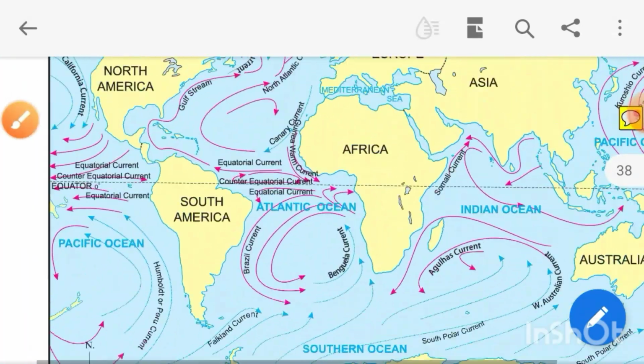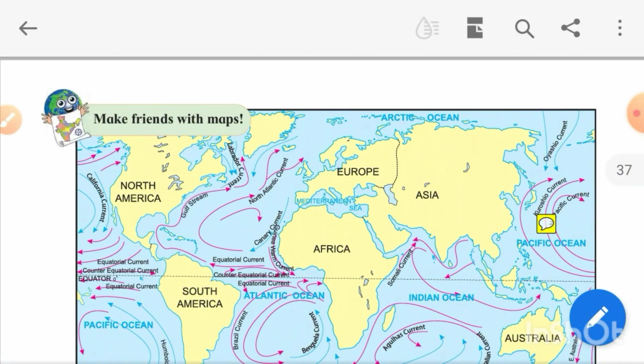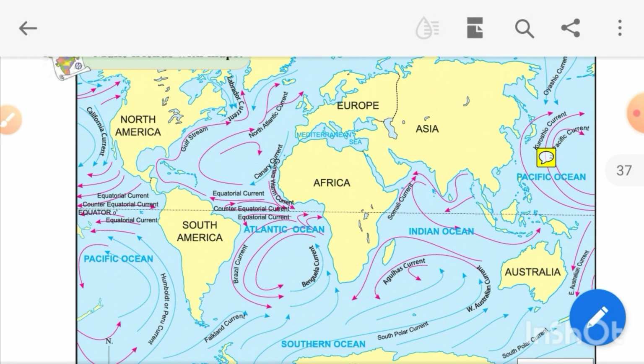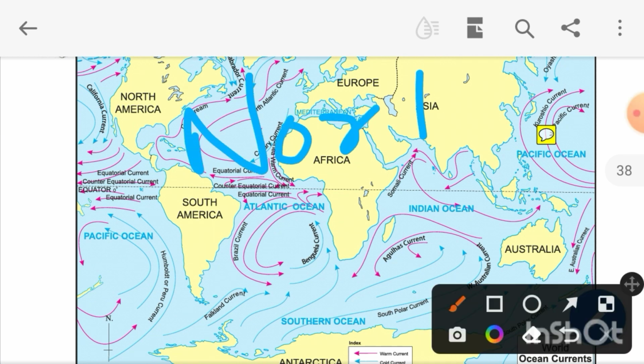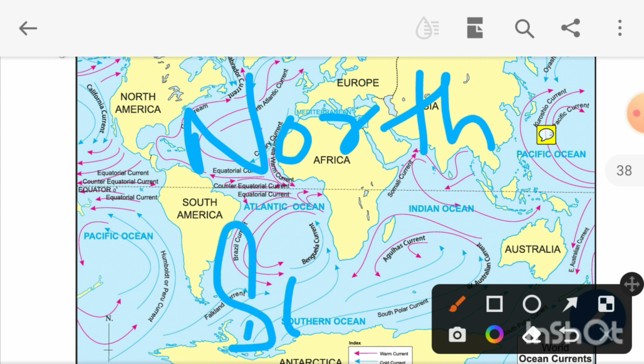If you compare the northern hemisphere and the southern hemisphere, you will find that in the northern hemisphere there are more pink lines as compared to the southern hemisphere. It means there is more warm current activity which takes place in the northern hemisphere as compared to the south.